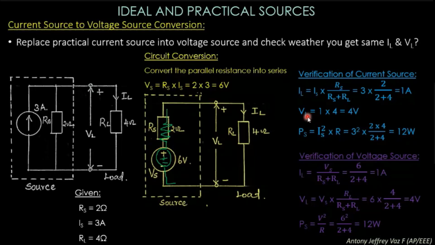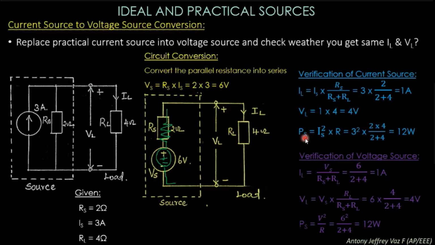Next, we need to find the load voltage VL. We know load voltage V is equal to I into R. Here we have already found the load current IL, which is 1 ampere. So I is 1 ampere and R is nothing but the load resistance, which is 4 ohms. So 1 into 4 will be equal to 4 volt. Very easy.